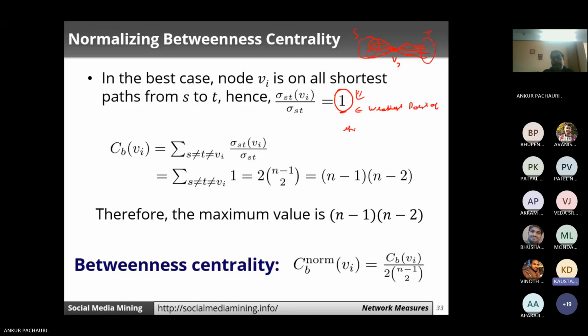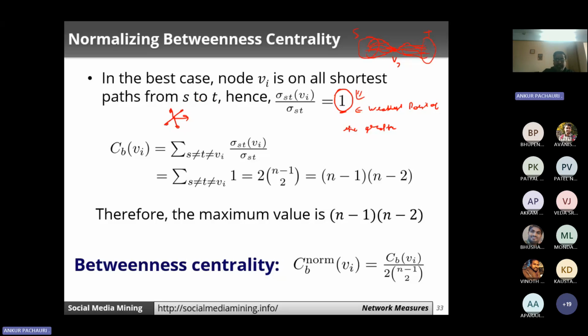Sir, one example would be the star, right? If the central node is the center, all the paths go through that, right? So in that case, this is the weakest part of the graph. If that node is attacked or compromised, it will clearly bifurcate the whole graph into two pieces.